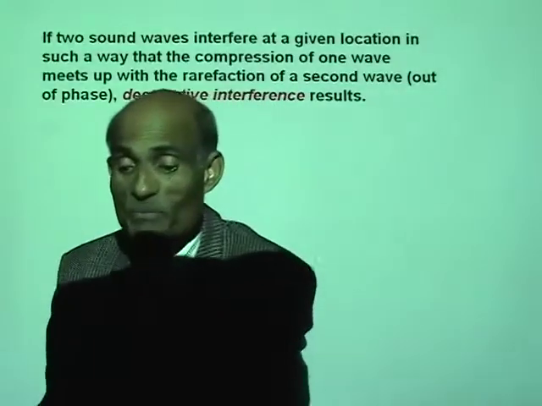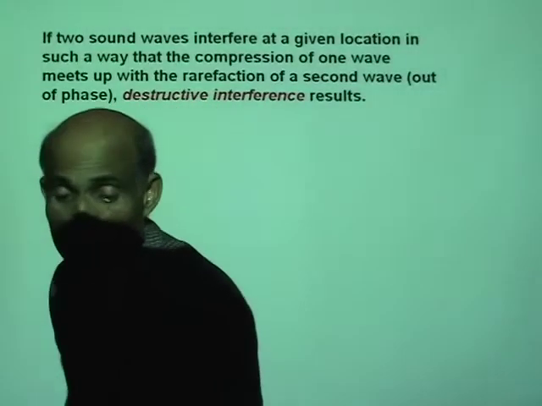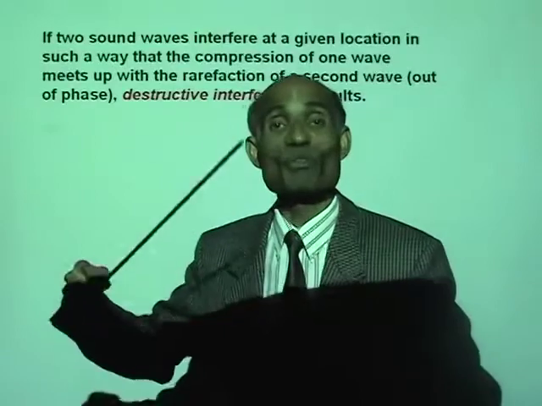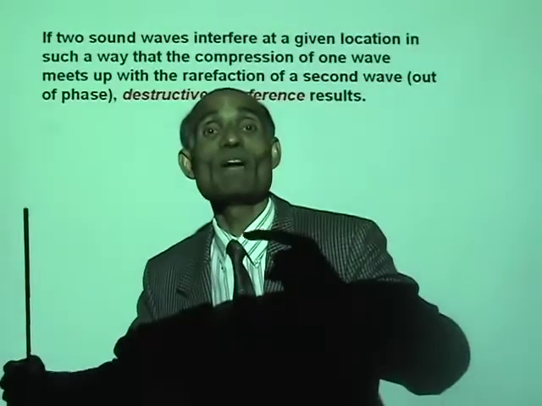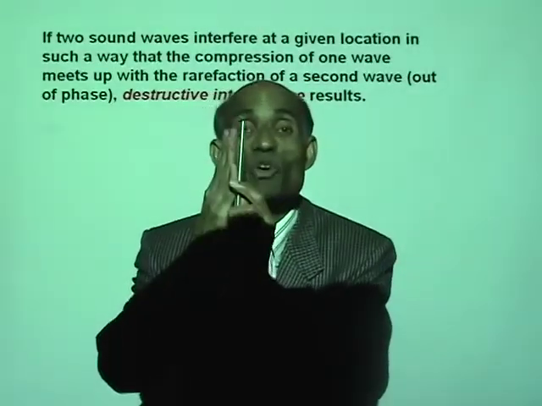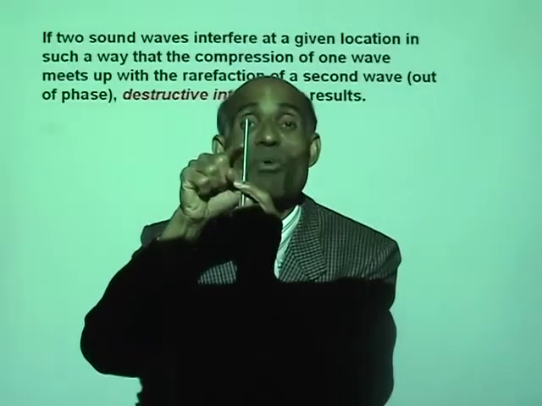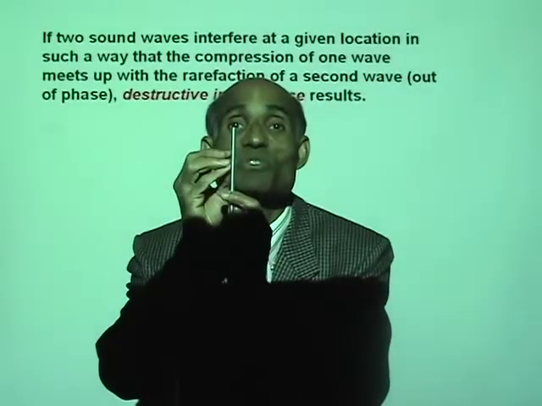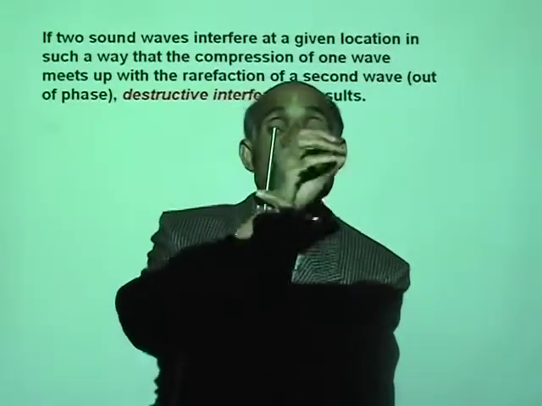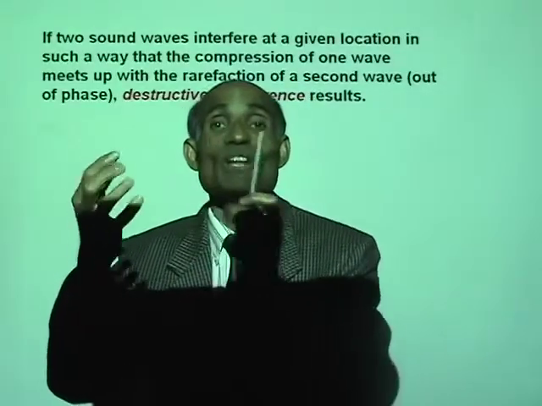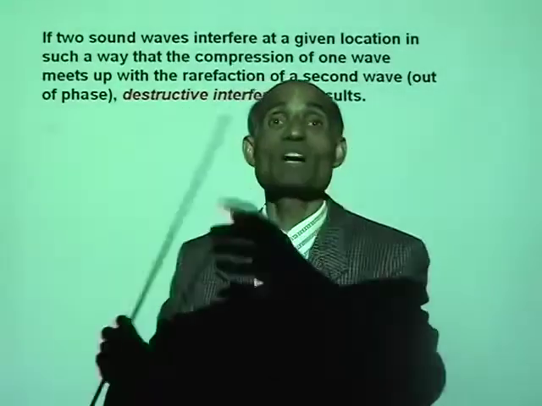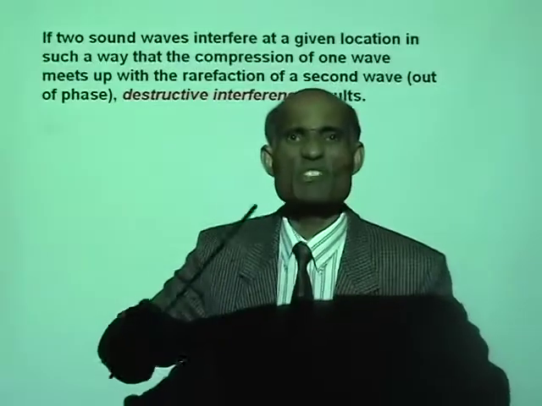That means if the compression of one wave falls on the rarefaction of another wave, then particles in a medium at that point are subjected to displacements in the opposite directions. They will cancel each other. They will destroy each other.